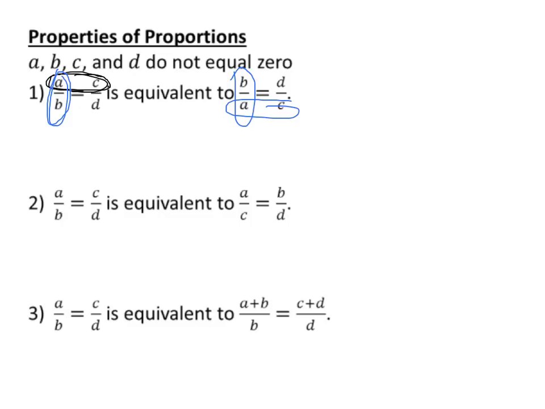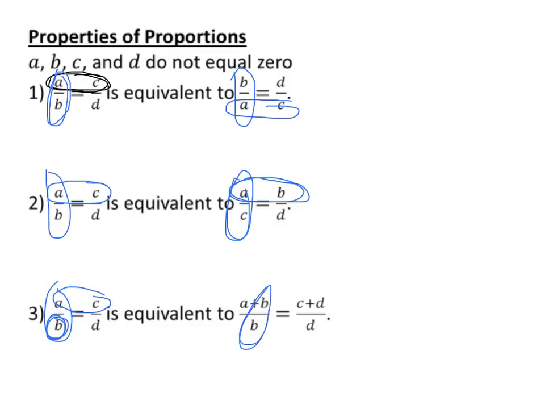Or, again, A and C are partners, so A and C can be on the same fraction as long as B and D are across from each other. Or, again, if I add B, which is on the bottom of my fraction, to the top, then I also want to make sure that I add D to the top of my fraction. So all of these are equivalent to each other.